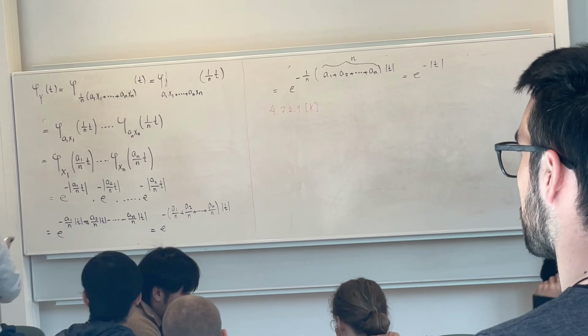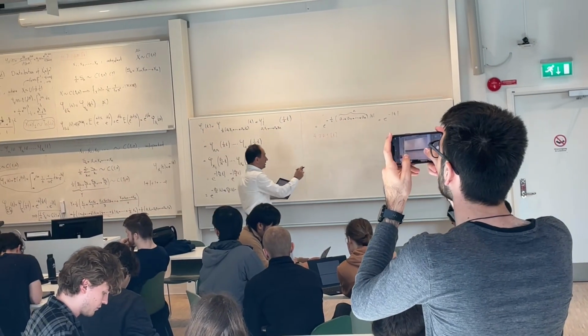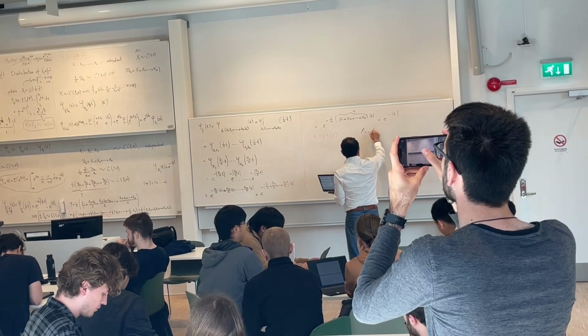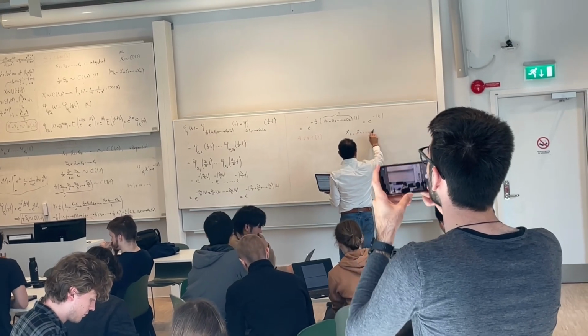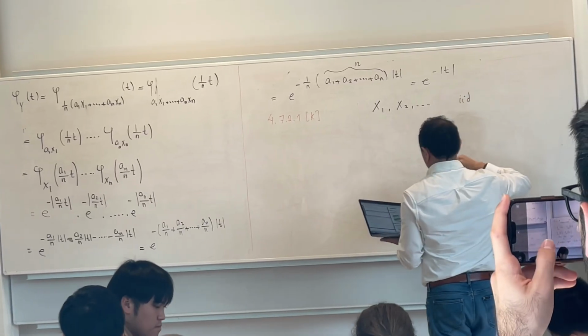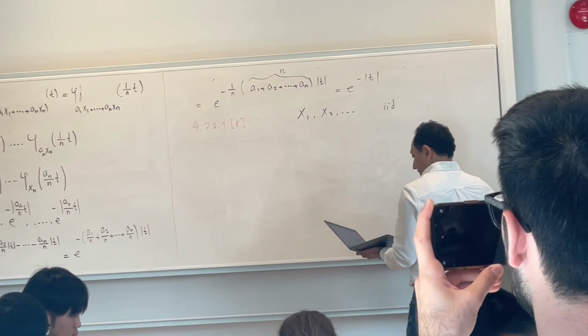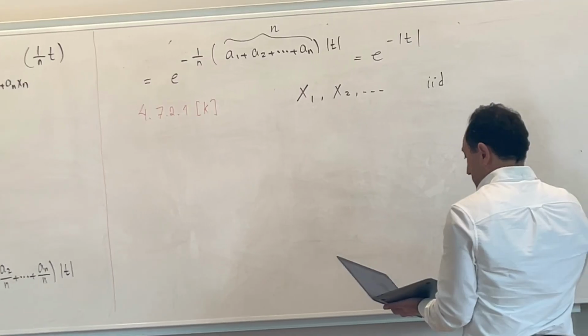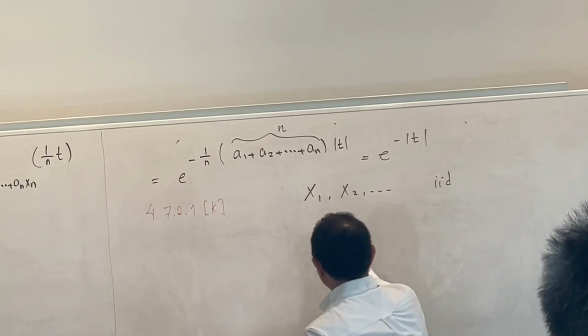If I have random variables, they are IIDs, x1, x2, up to, continuous. These are IIDs, independent and identically distributed. But they haven't mentioned anything about them. But all of them are discrete.